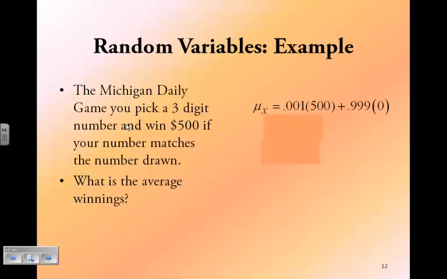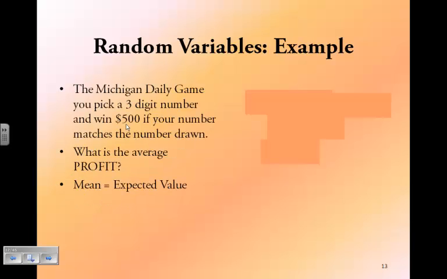So 1 out of 1,000 that you win, 999 out of 1,000 that you lose. The probability you win is 0.001, the probability you lose is 0.999, multiply times the winnings, and you can see that the expected winnings would be 50 cents. That's why they charge you $1, because that way Michigan is expected to get a 50 cent net on every ticket. So the question is, what's the average profit?